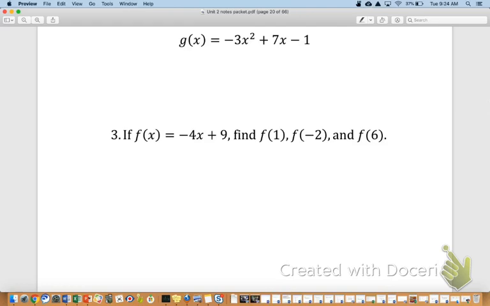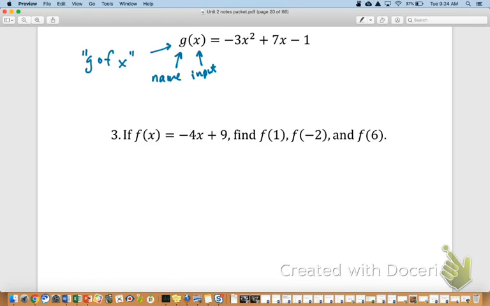The first important thing for us to remember is that g parentheses x, when we're talking about functions, does not mean g times x. It's not a multiplication. What I would say is that g is the name of the function, and x is the input, the number we're going to be putting into that function. So g is just the name, and x is the input.